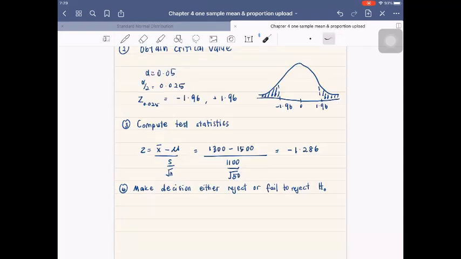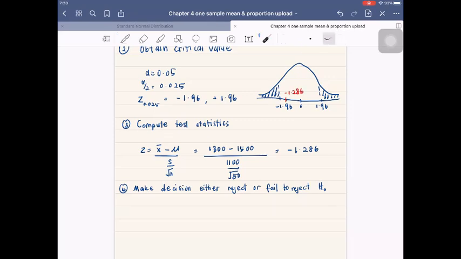Next, we need to make a decision. Either we reject or fail to reject H null. The value that we calculated for Z just now is negative 1.286. Let's put it on our bell-shaped graph. So negative 1.286 will be on the left hand side, but it is greater than negative 1.96, so it will be somewhere here.